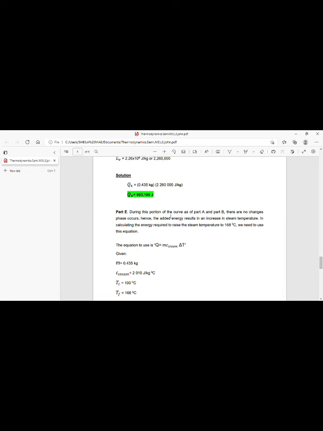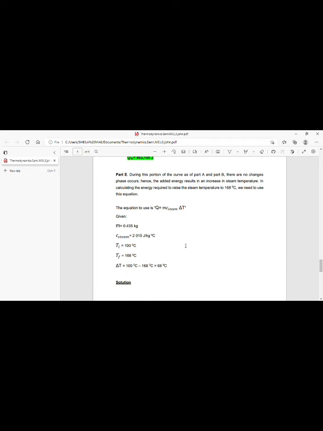During this portion of the curve, as in part A and part B, no change of phase occurs. Hence, the added energy results in an increase in steam temperature. In calculating the energy required to raise the steam temperature to 168 degrees Celsius, we need to use this equation, which is Q is equal to m c steam change in temperature, which is delta T. Given mass is equal to 0.435 kilogram.